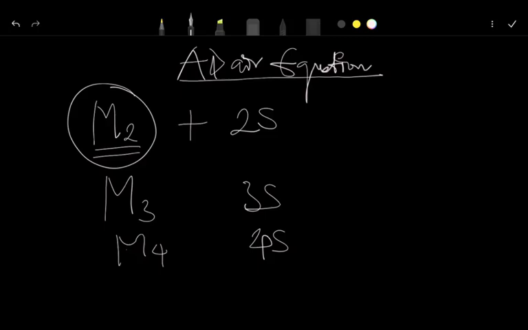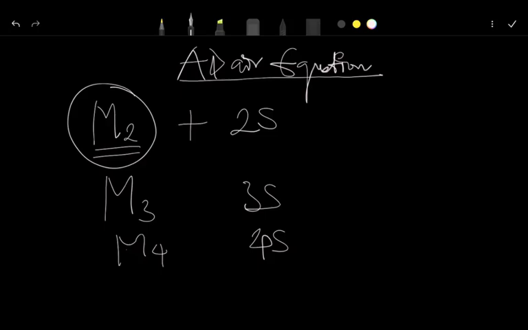So the entire Adair equation is just trying to tell you how an enzyme having n number of active sites will react with n number of substrates. So if it's having 2 substrates, 3 substrates, 4 substrates. Compare this with the Michaelis-Menten equation, which tells us how an enzyme having just one active site reacts with one substrate.